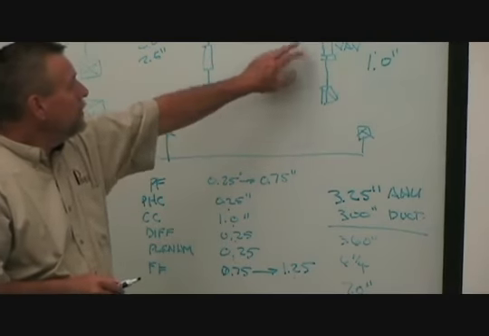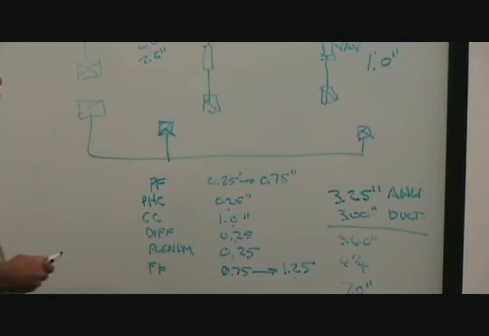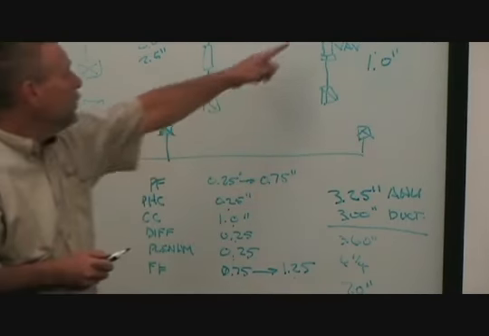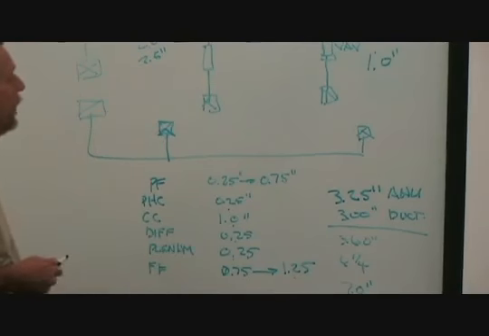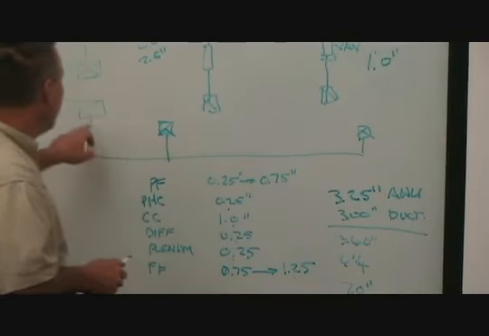You have fitting losses, you've got straight line of pipe fitting losses, just like pipe. The elbows are so many equivalent feet, just like we figured in an elbow in a piping system. Diffusers have a certain loss, and we didn't even add in the return to this.